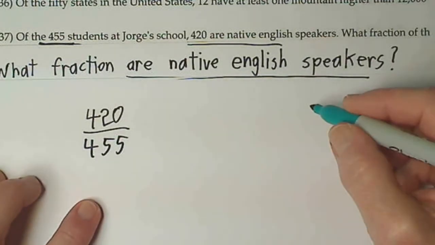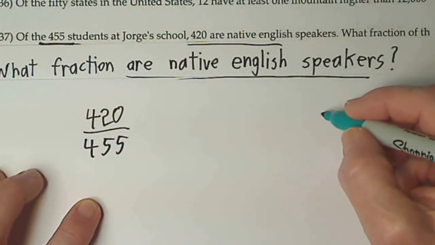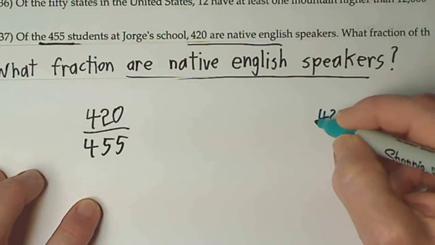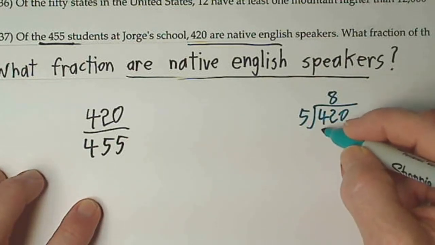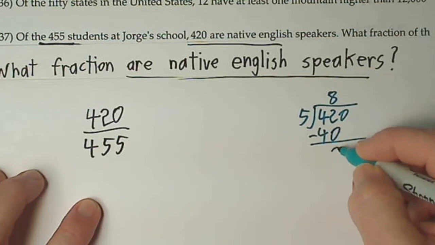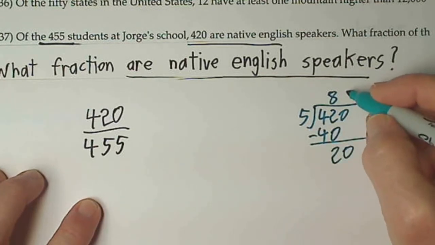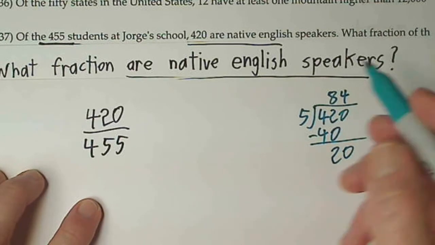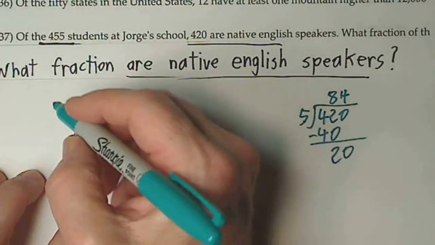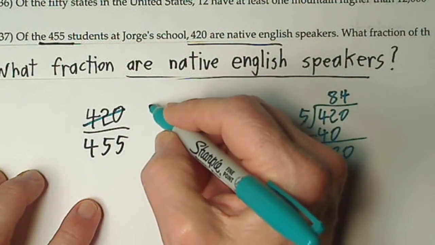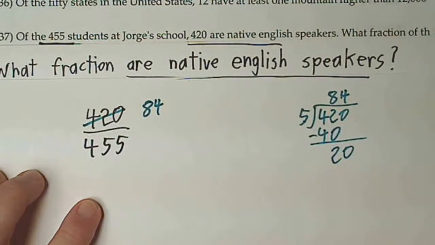So just in case it doesn't click real fast in your head, you just say 420 divided by 5 goes in 8 times. 5 goes into 20 4 times. So 420 divided by 5 is 84. Okay.